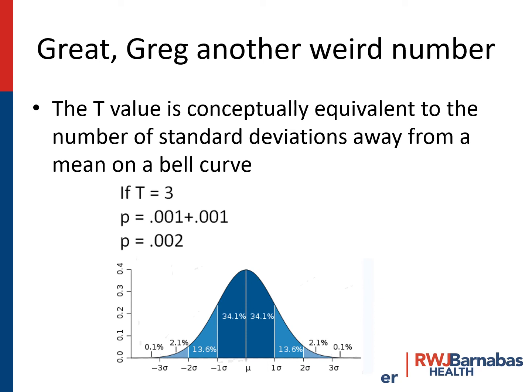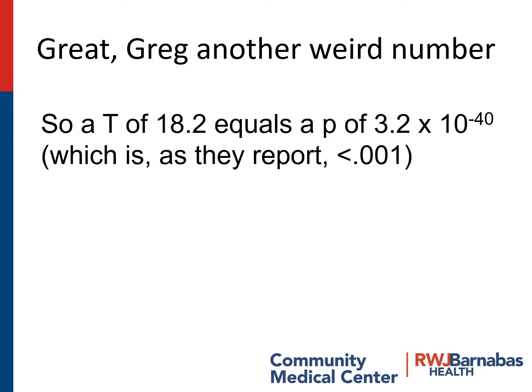With a t-statistic of 3, the p-value is 0.02. All right. So a t-statistic of 18.2 is a very small p-value, diminishingly small, which is less than 0.001.